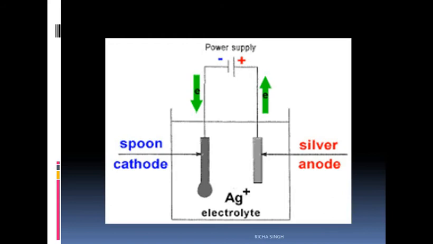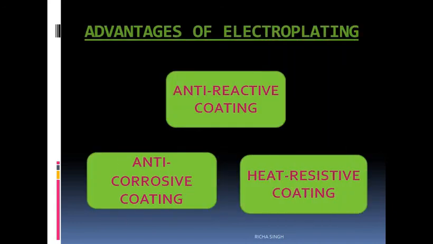Next, what are the different advantages of electroplating? Electroplating is a very useful process used in different industries. It is done to have an anti-reactive coating on the parts of machines so that they do not react with the materials. It is anti-corrosive also, to protect them from getting corroded.